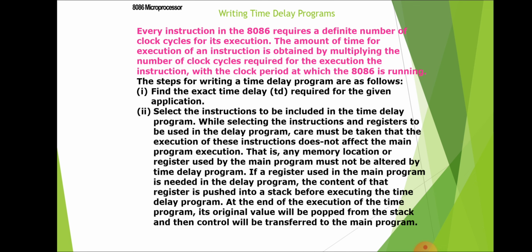While selecting the instructions and registers to be used in the delay program, care must be taken that the execution of these instructions does not affect the main program. While you are writing delay instructions to count the time, those instructions should not affect your main program.